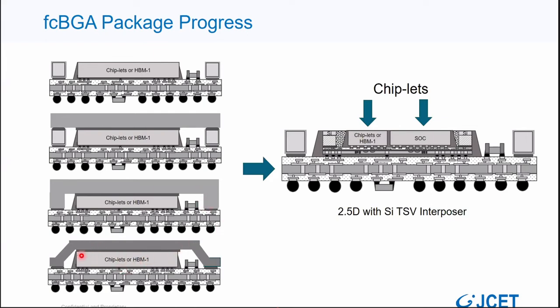And then this is a hat-type lid for different kinds of warpage control. With the 3D progress with multiple chips, you find, for example, CoWoS 2.5D with silicon interposer. So basically, this SoC chip becomes a two-chip chiplet, or SoC plus HBM-2 or HBM-2E.